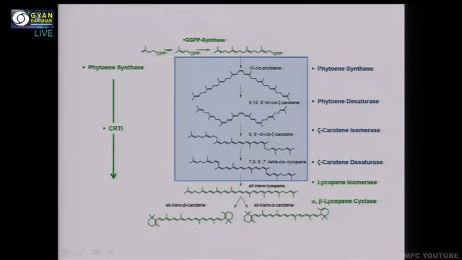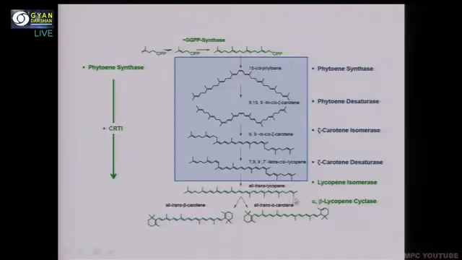This beta carotene is synthesized from GGDP, that is geranylgeranyl diphosphate, and you can see this particular pathway. There are several steps involved in this biosynthesis. It starts from GGDP, then there is phytoene production through phytoene synthase.